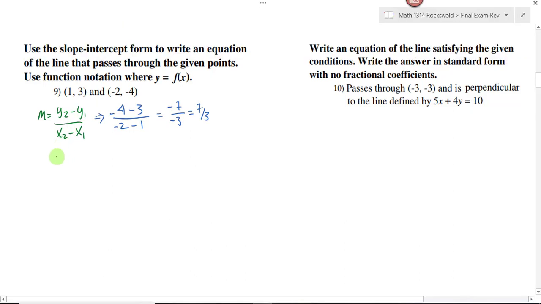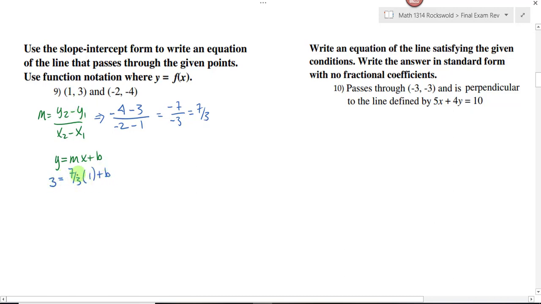The slope-intercept form of the line is y equals mx plus b. I have a number that I can drop in for m. Do I know numbers for x and y? Sure, I've got a choice even for what numbers I want to use. I can use those two numbers then and solve for b. So I'm going to use the first point because those numbers are positive. So in place of y, I plug in 3 from the point equals, my slope was 7/3, and x here is 1, and then I just solve this for b.